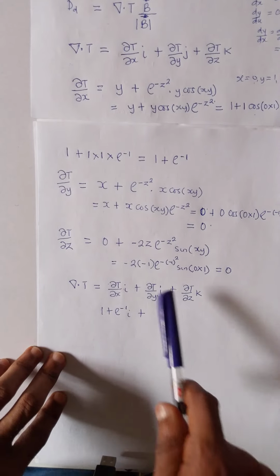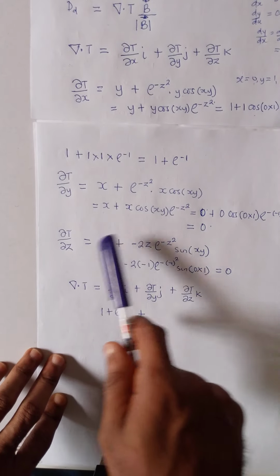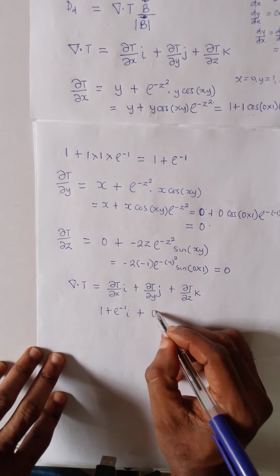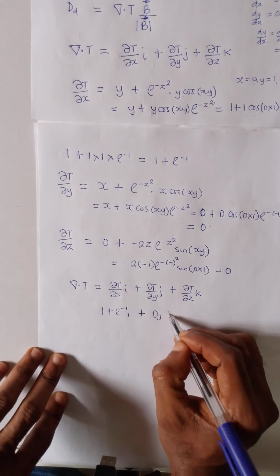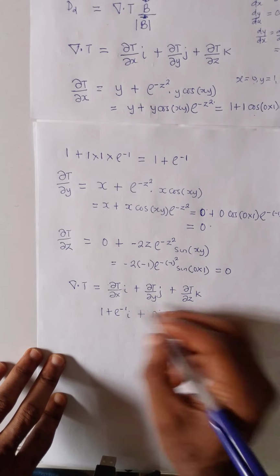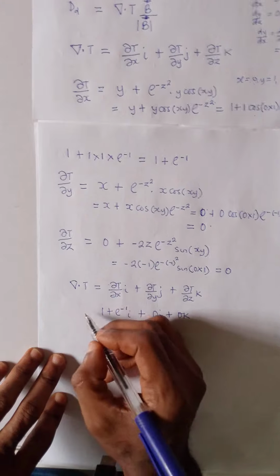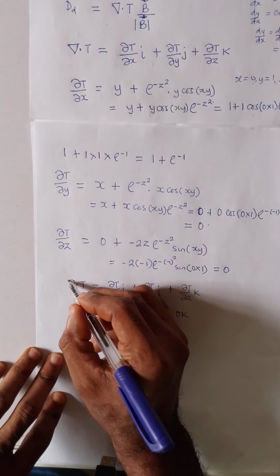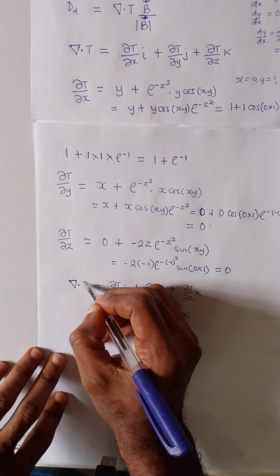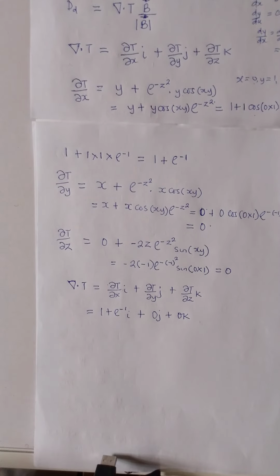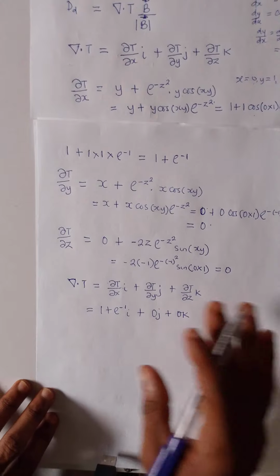We know that our value of dt over dy is 0, so we have 0j plus, dt over dz is 0, so we have 0k. So this is for our operator of the temperature.